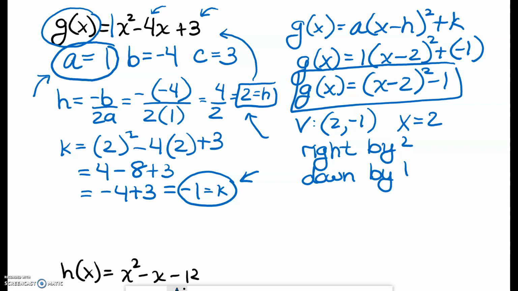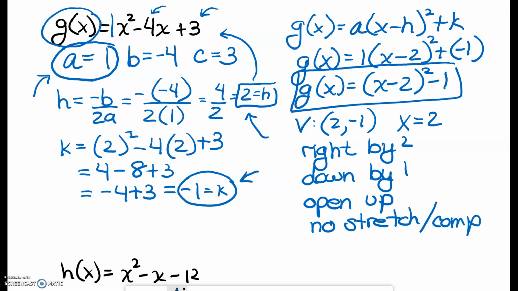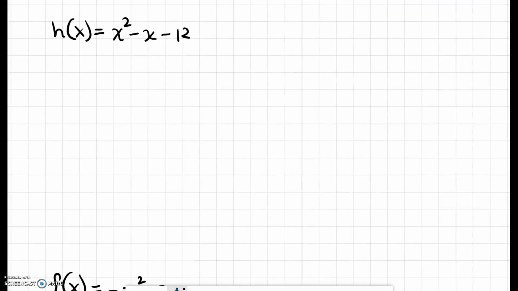A here is positive, so my graph opens up. And since the absolute value of A is 1, there is no stretch or compress. And I think we've hit everything. Okay, so let's move on to our next example.